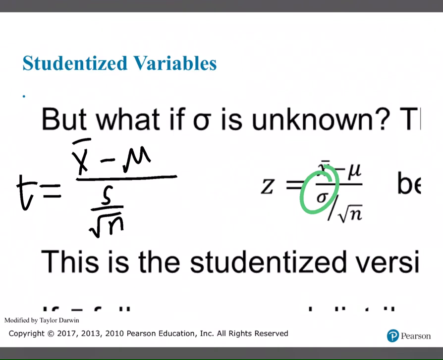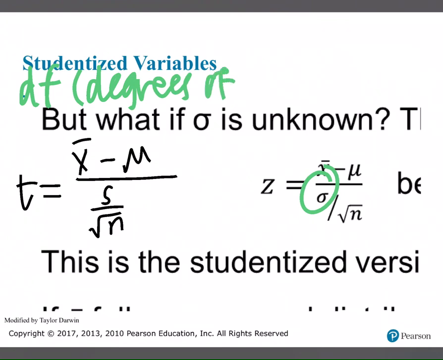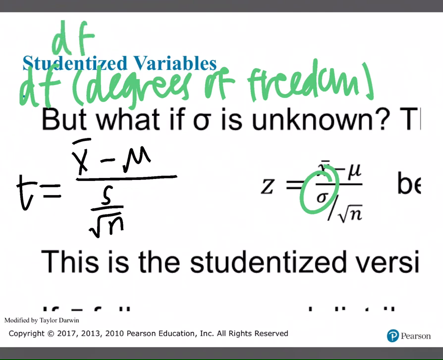It follows a normal distribution, at least approximately. Then T follows the student T's distribution. If our sigma is unknown, that's when we use this T. And when we use this T, it also follows something called DF, which is degrees of freedom. And DF, how you find degrees of freedom, is just n minus 1. So our sample size minus 1.